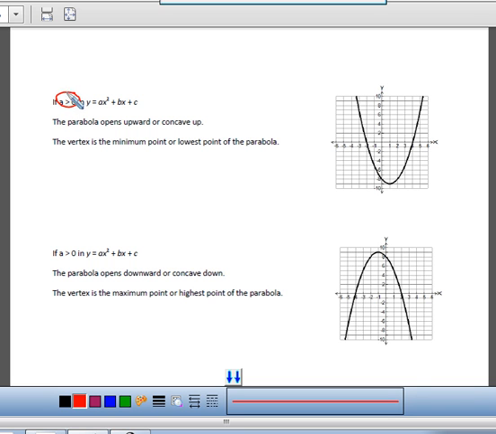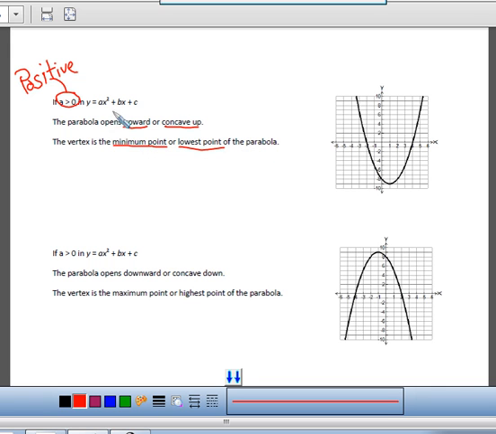This right here is basically saying if it is positive. If a is positive, then the parabola opens upward or concave up. The vertex is a minimum point or the lowest point.